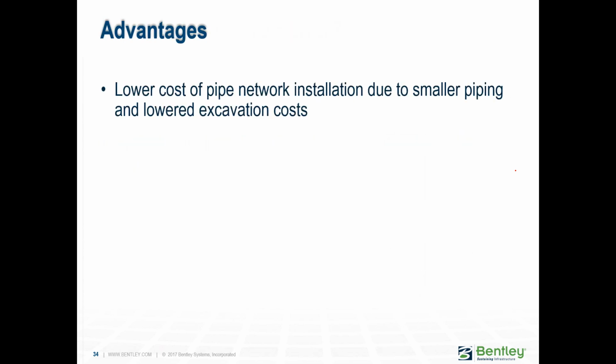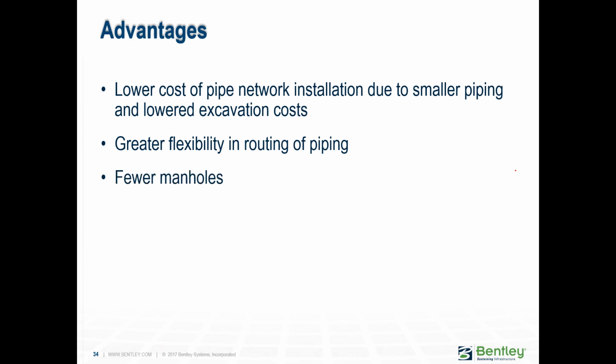So the advantages are a lot, right? Lower cost of installation because the pipes are smaller. You don't have to excavate as much. It gives you flexibility in the routing of the piping. It doesn't matter if topography goes up or down, pipe flows don't care. You don't really need to put all those manholes. There's not going to be infiltration and inflow.